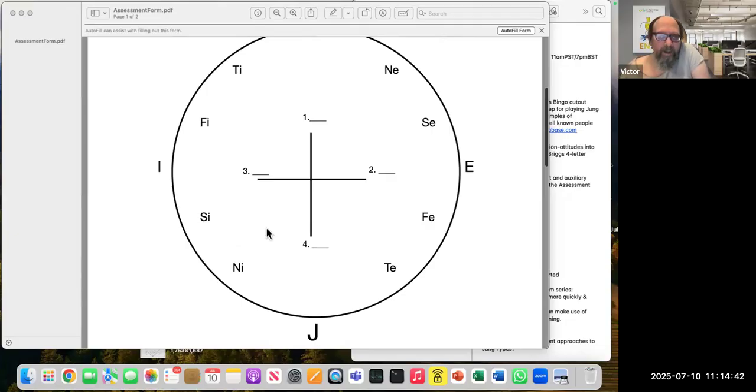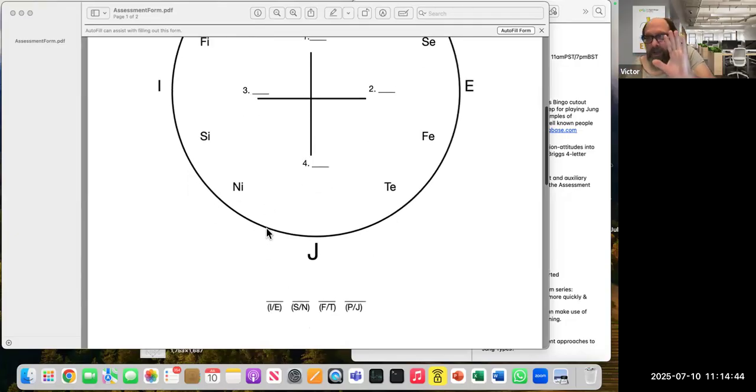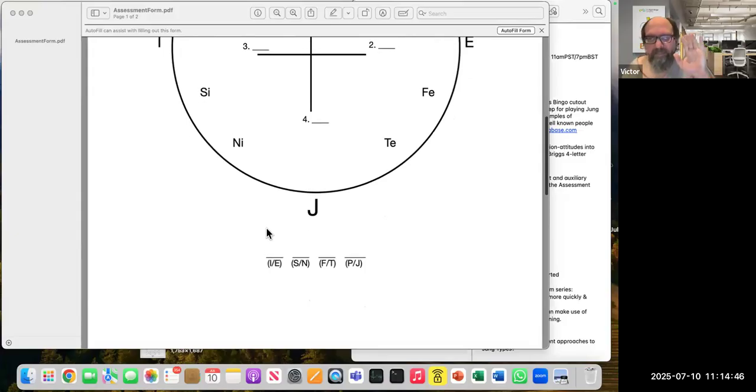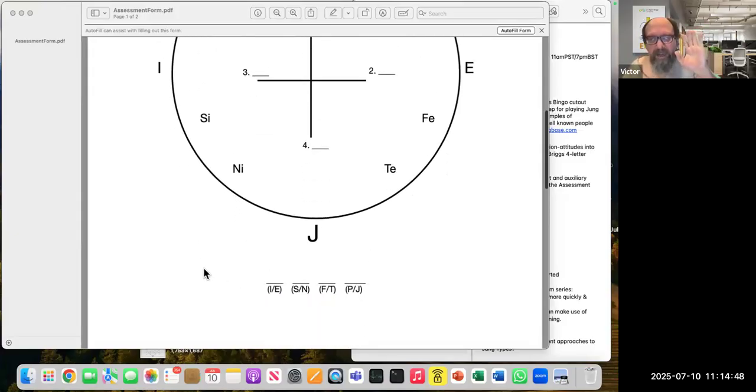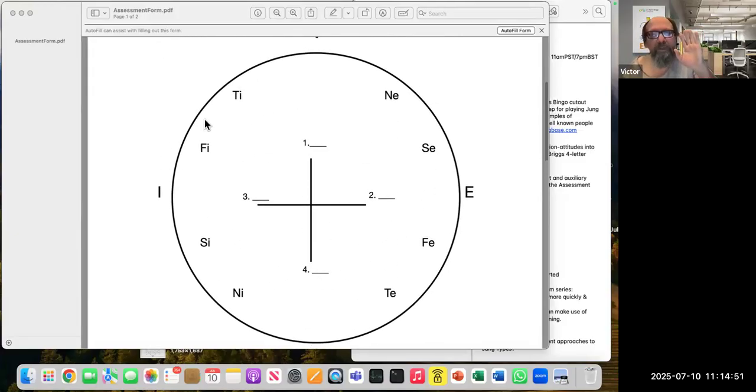This is the point I want to make. How he's presented them is using the function attitudes. So we can have three different ways of presenting the Jungian types.